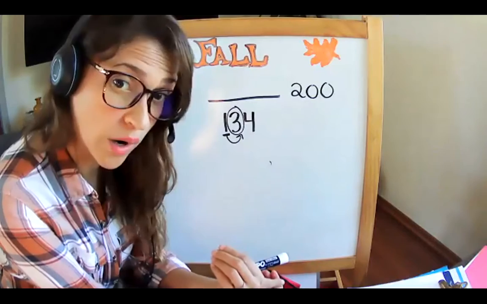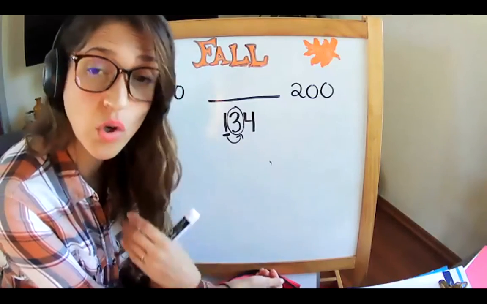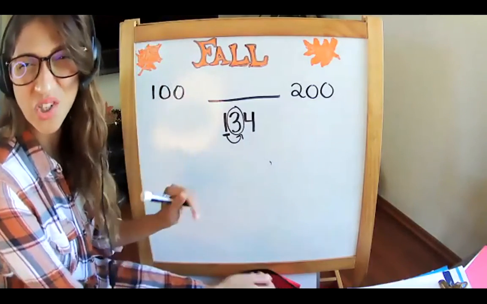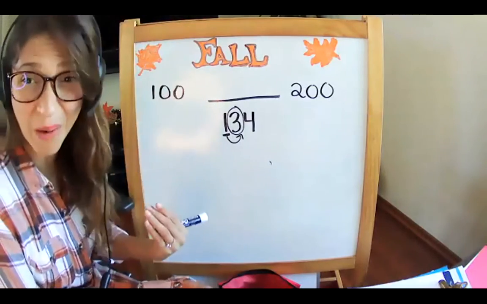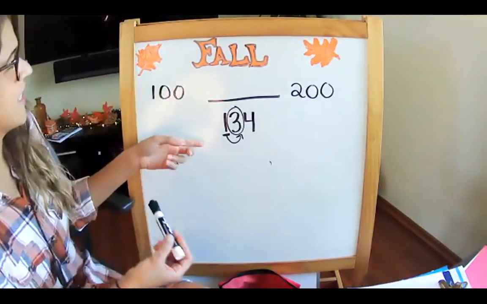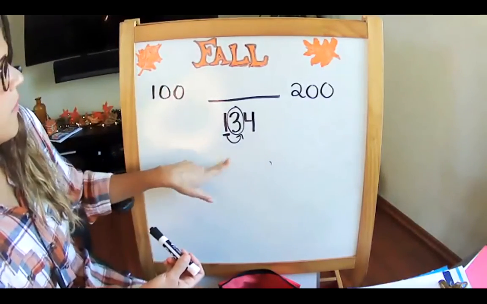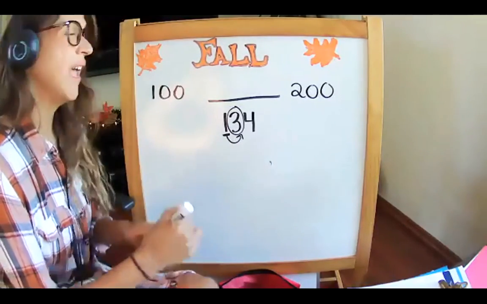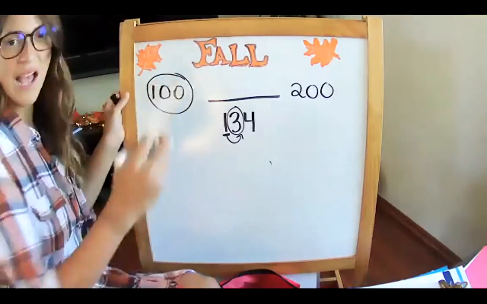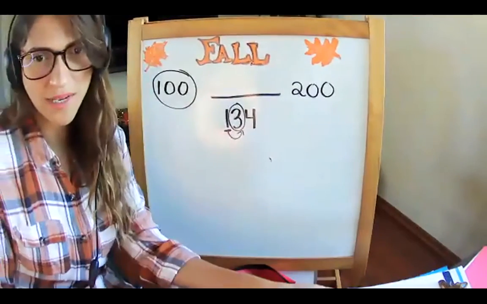Are there more than one place value that you can estimate to? Sure. For these purposes, I'm going to start with the very easiest, which is to have as many zeros as possible, right? So in this case, would 134 be rounded to a 100 or a 200? 100. It would be a 100, our closest place value.